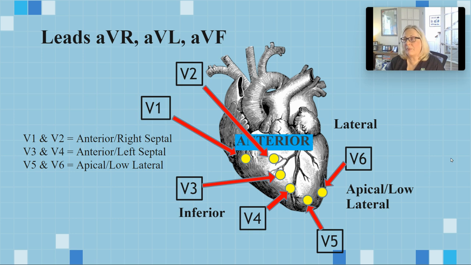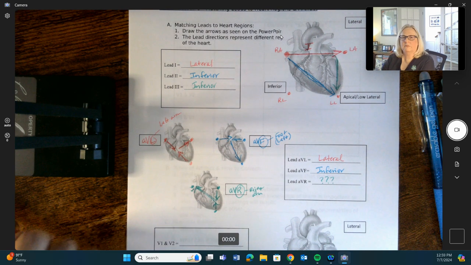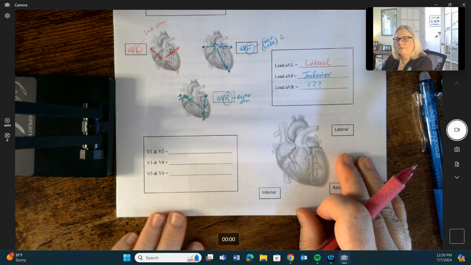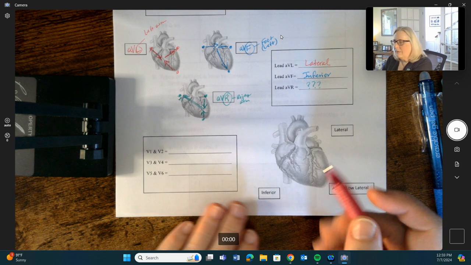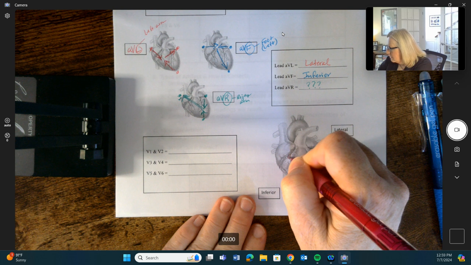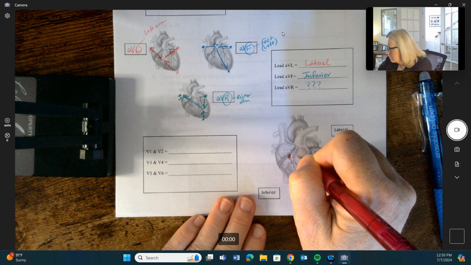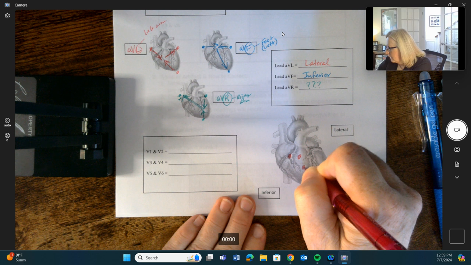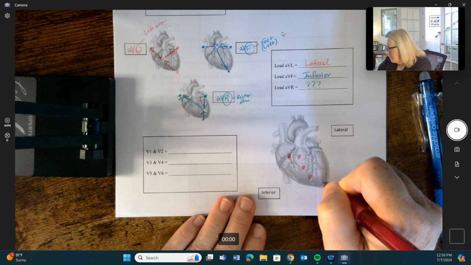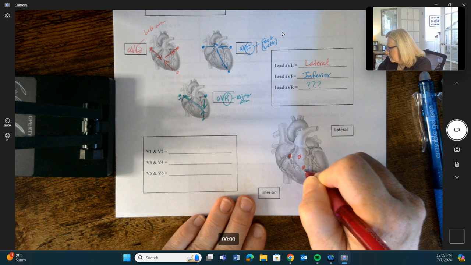Okay, so let's do the picture together here. So I need to move it up again. All right, so we're down here. I'm going to draw my stickers. 1, 2, 3, 4, 5, and 6.